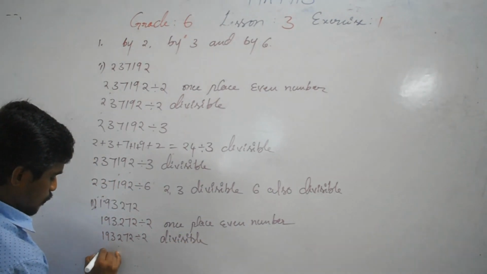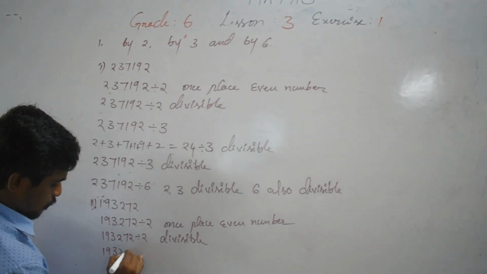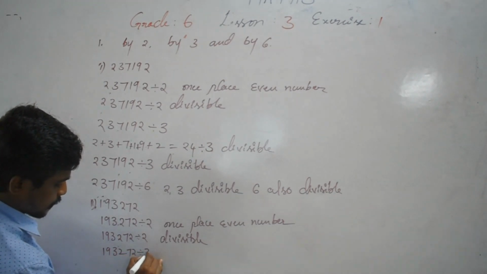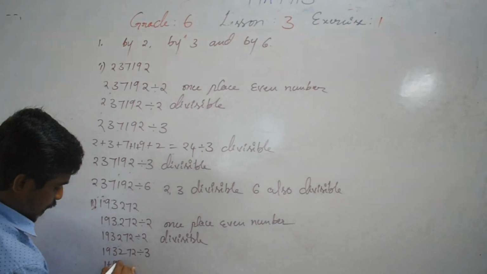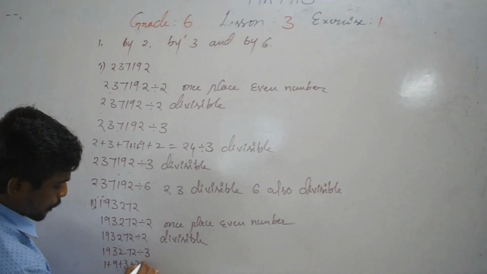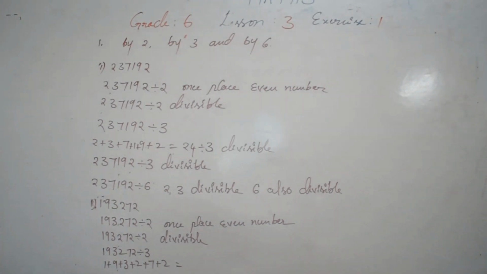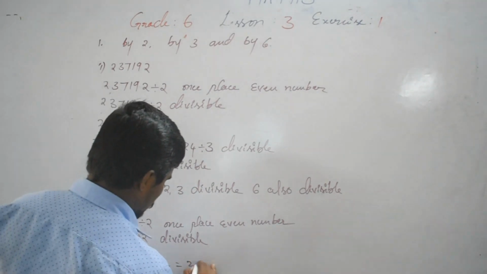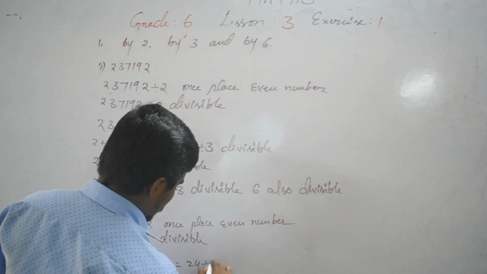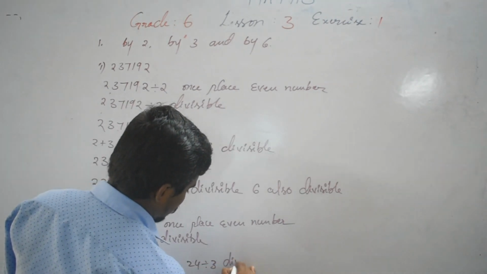Next, divided by 3. 1 plus 9 is 10, plus 3 is 13, plus 2 is 15, plus 7 is 22, plus 2 is 24. 24 divided by 3, divisible.